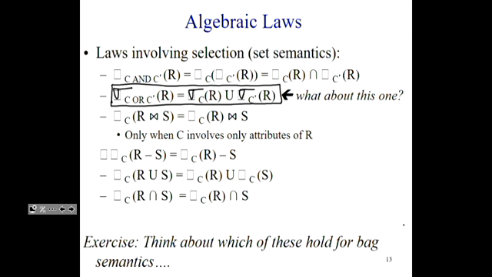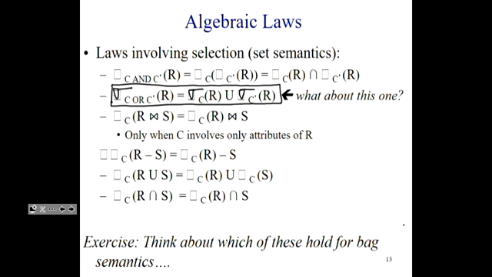Said another way, if you have tuples that satisfy both C and C prime, then those tuples are going to be duplicated, because when you do independent selection of C and independent selection of C prime, and then you do a union, the bag union ends up having multiple copies of the same tuple, even though you started off with maybe one copy of that tuple.